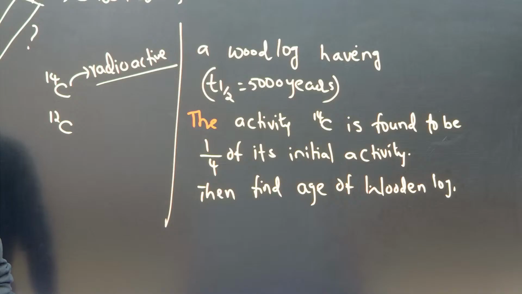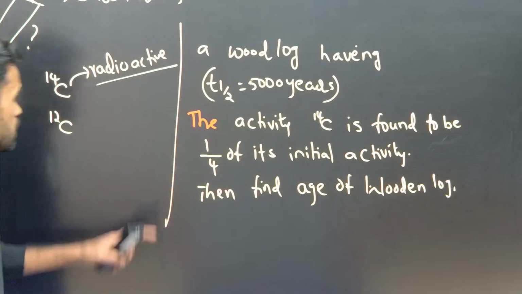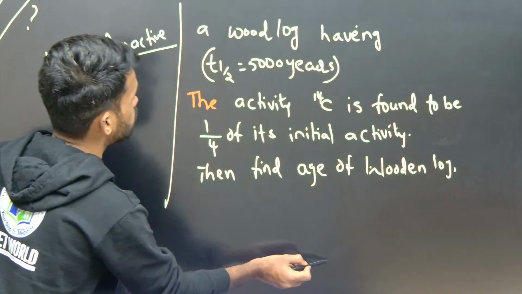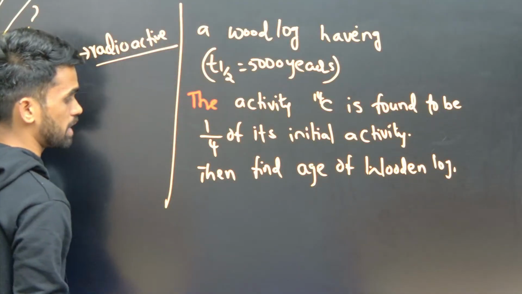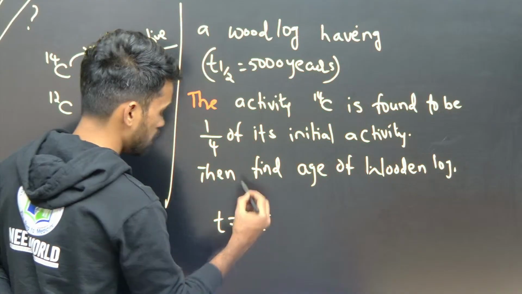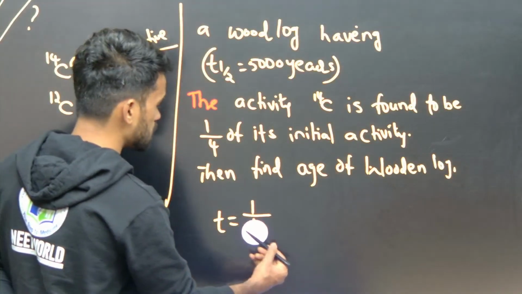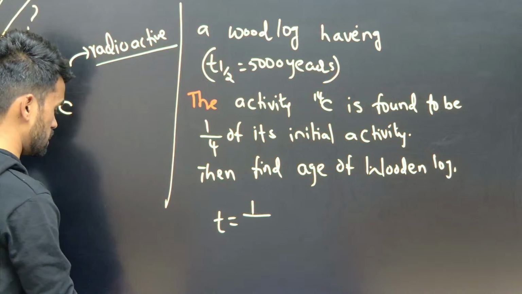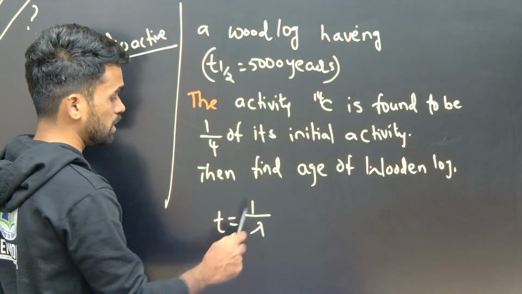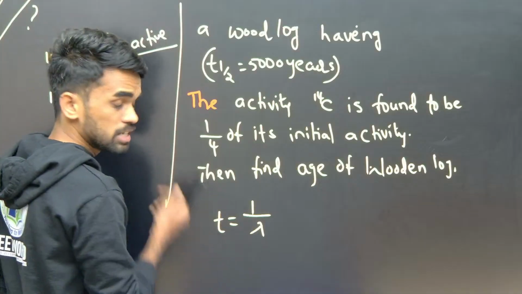See, if there is any blur, please mention it so that I will try to correct it. Okay, they are saying find the age of the wooden log, so you can use first order kinetics here. The time required for this process will be 1/k. Here, k in this radioactive disintegration is taken as alpha, the disintegration constant.